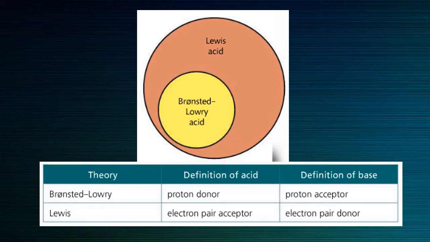The definition of a base: Bronsted-Lowry, proton acceptor, and Lewis, electron pair donor. Those go hand in hand for the base, because in order to accept a proton, you have to have an electron pair. It's the definition of an acid that makes the Lewis theory just a little bit broader.